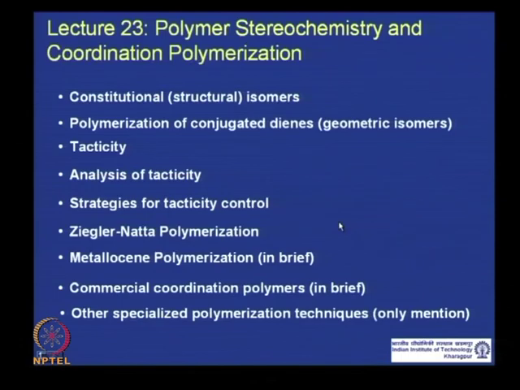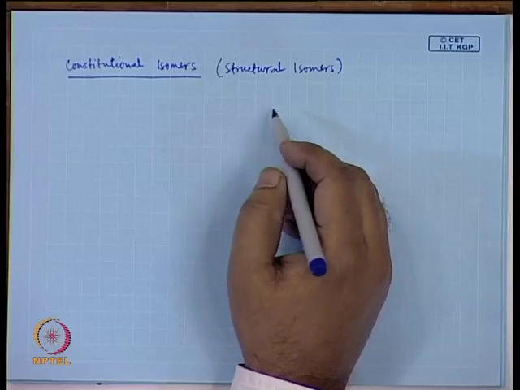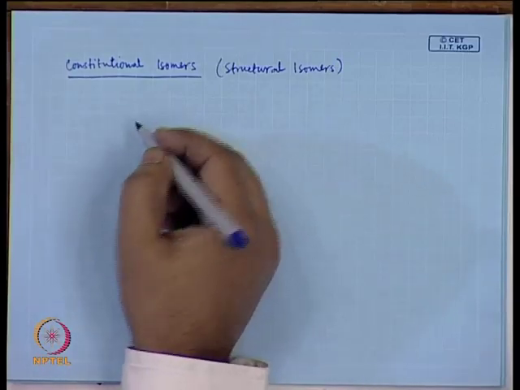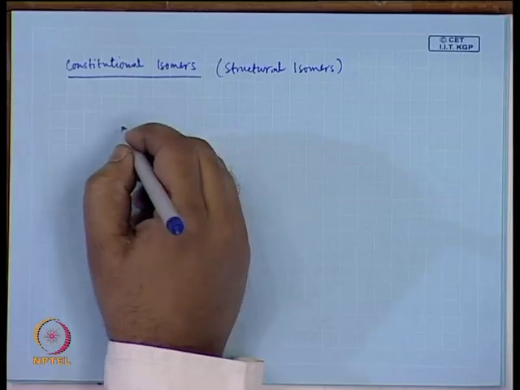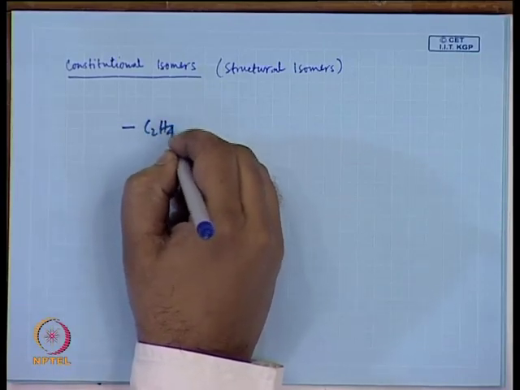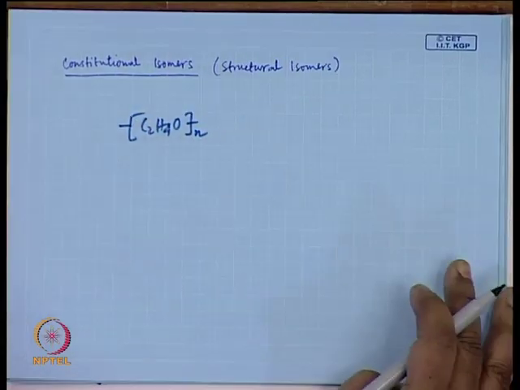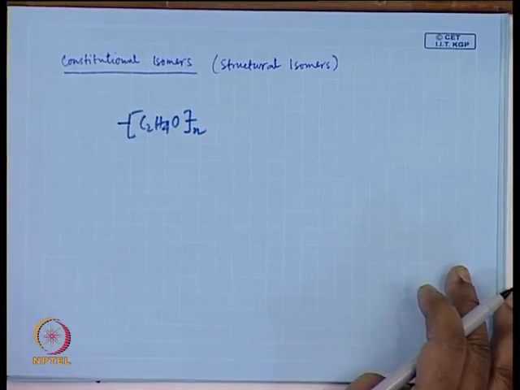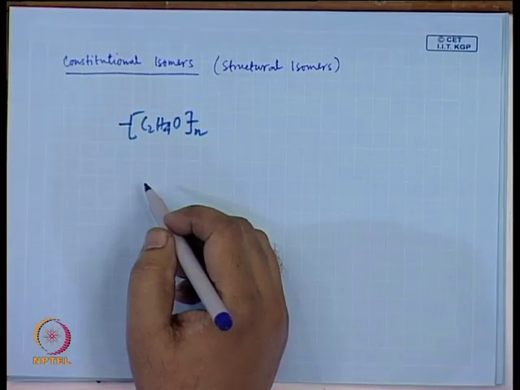Now, let us start with our discussion on constitutional isomers, which are sometimes also called structural isomers. Let us consider a polymer having a repeat unit molecular formula of C2H4O. What are the possible polymers with this molecular formula?